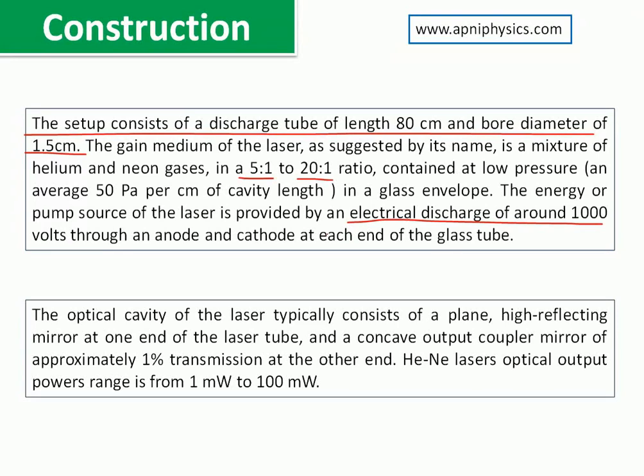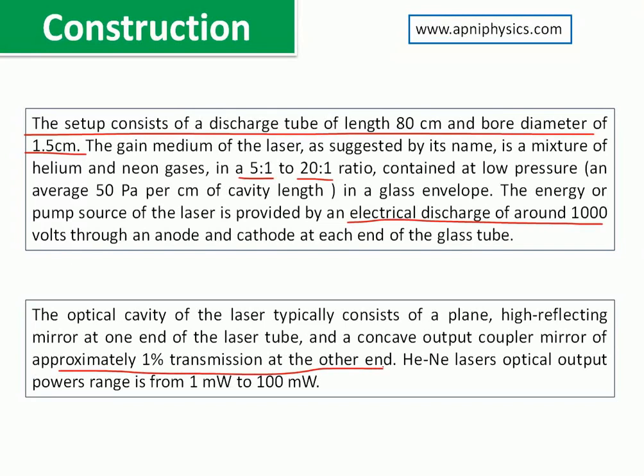The optical cavity of the laser typically consists of a plane high reflecting mirror at one end of the laser tube and a concave output coupler mirror, right? A mirror of approximately 1% transmission at the other end.